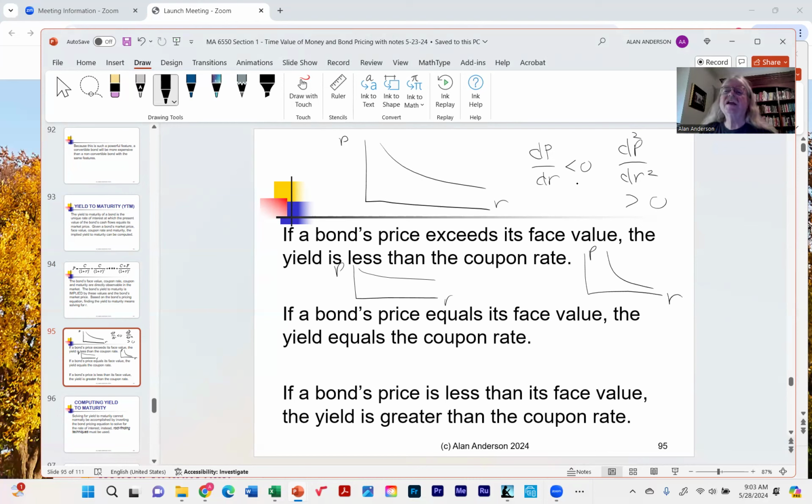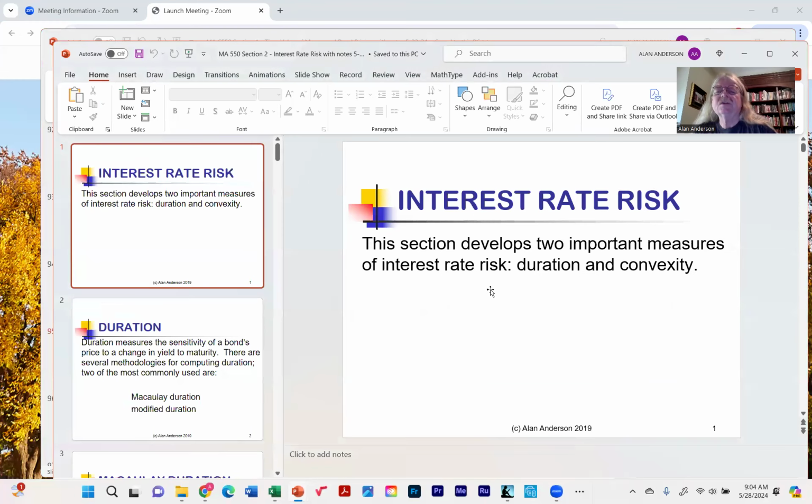So we want to understand what determines the sensitivity of a bond's price to changes in interest rates, with the understanding that prices and interest rates go in opposite directions, but not always by the same amount. In other words, we're trying to capture how sensitive a bond's price is to changes in interest rates. And that, of course, means how risky is that bond to the investor. That's what section 2 is all about, interest rate risk.